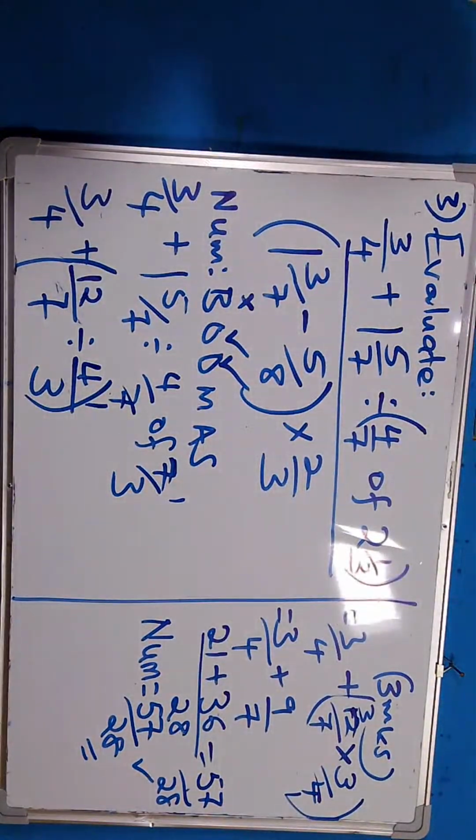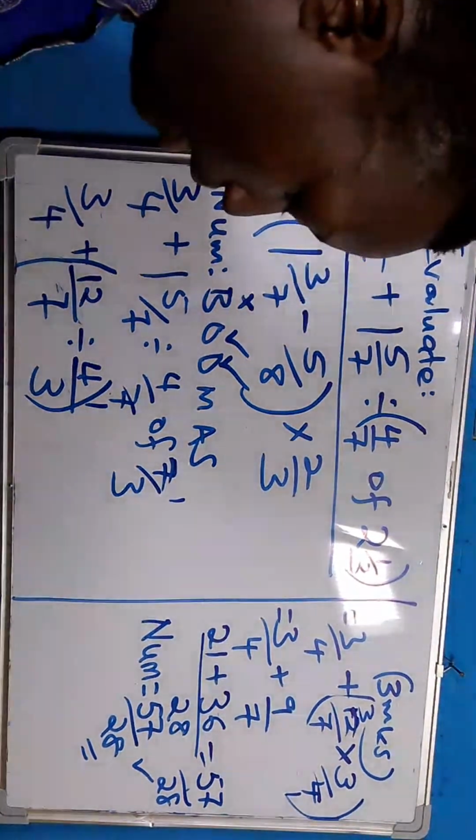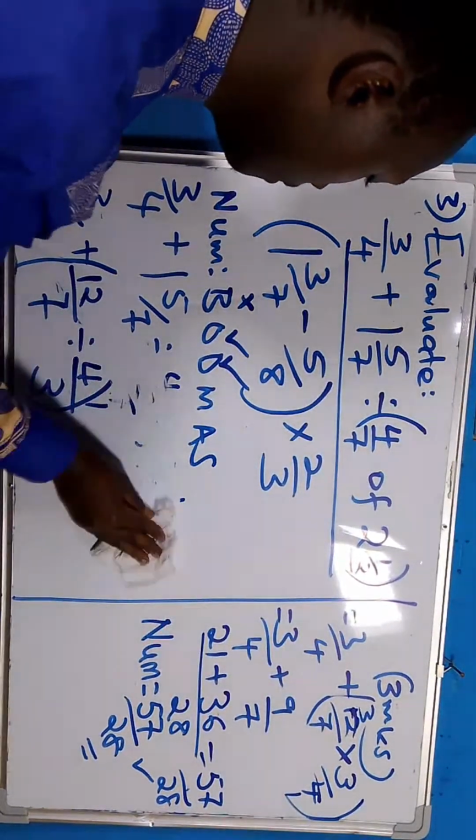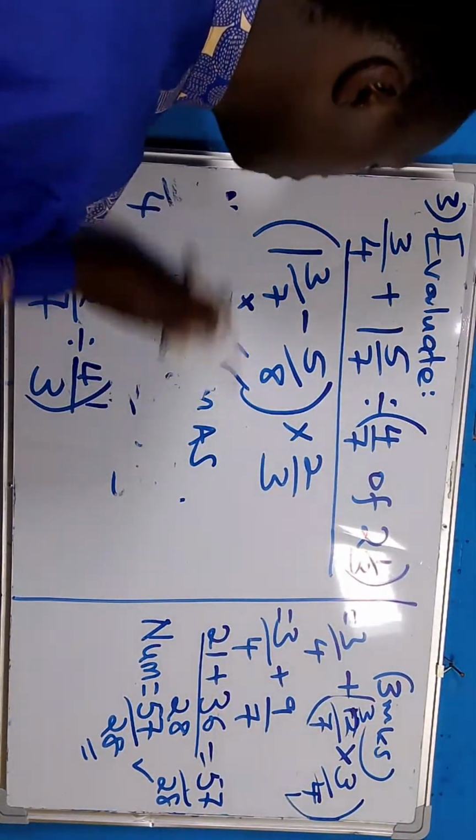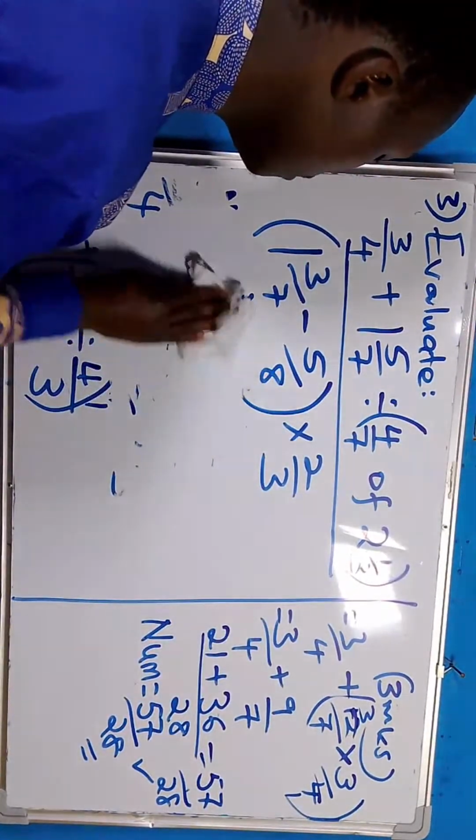Getting that as our numerator, we will now proceed to our denominator, and we will use the same rule of BODMAS.